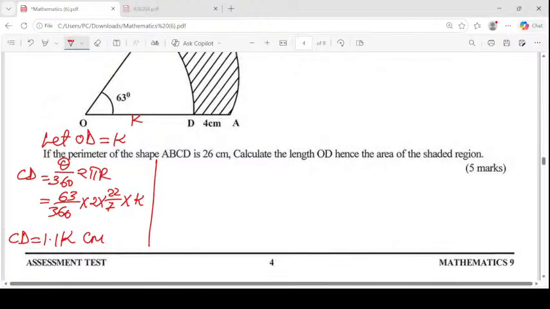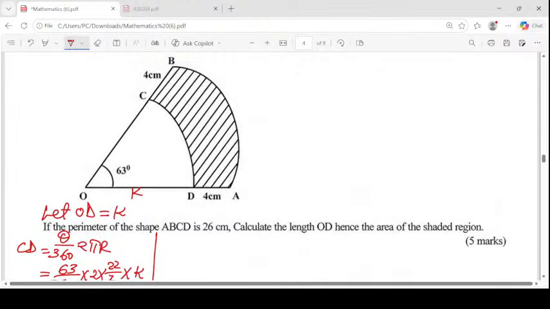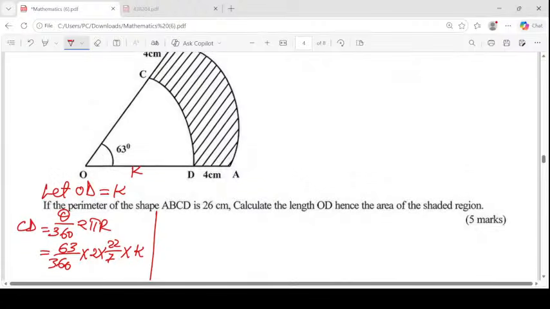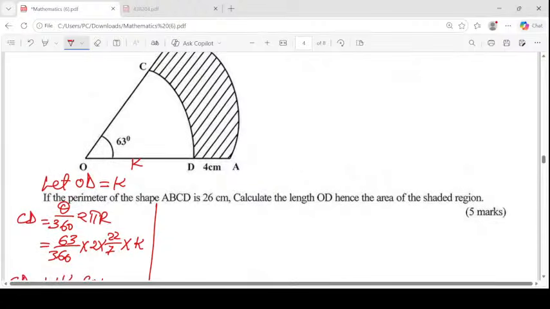After this, I want also to compute the arc length AB. The arc length AB will be given by theta, which is still 63 over 360 multiplied by 2 by pi, 22 over 7, by the radius. AB has a radius OA, which is K plus 4 in that case.